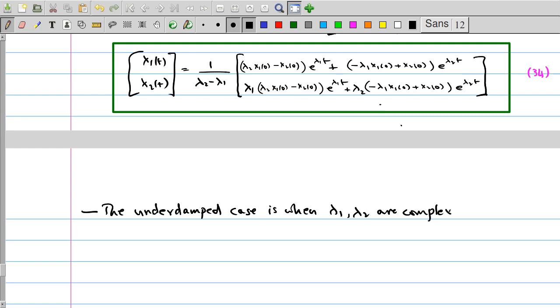That is to say, non-trivially complex, having non-zero imaginary parts, right?